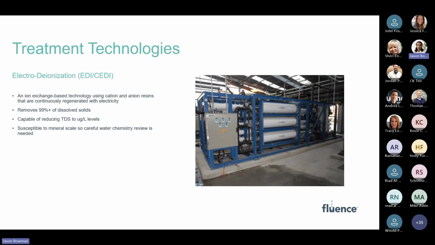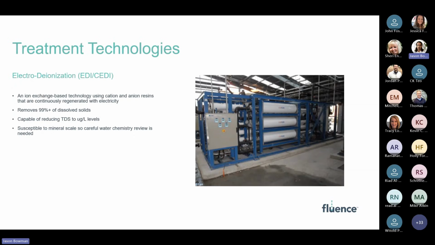EDI refers to electrodeionization, which is a process that utilizes traditional ion exchange resins, both anion and cation. But instead of being in a pressure vessel, it's contained in a cartridge or a module that allows electricity to be introduced to aid in the ion removal process.